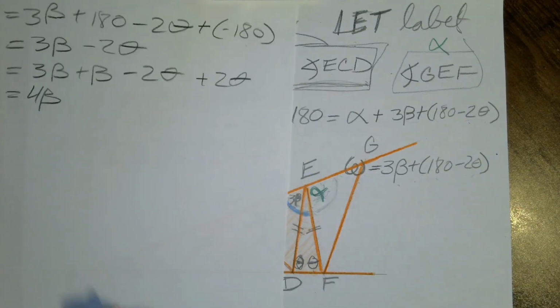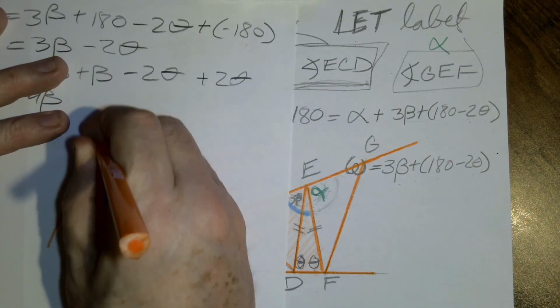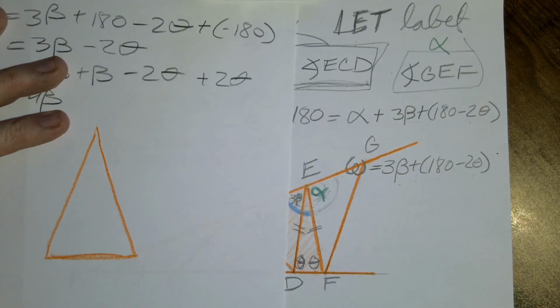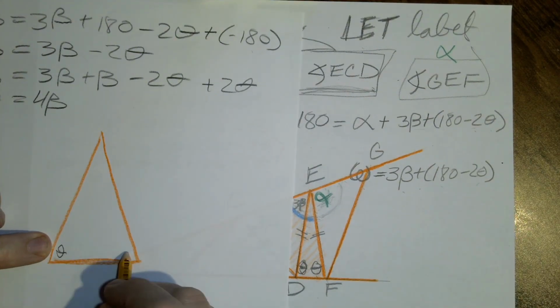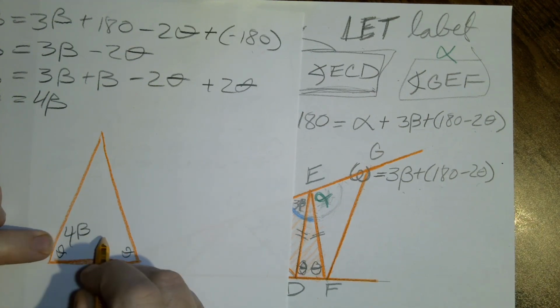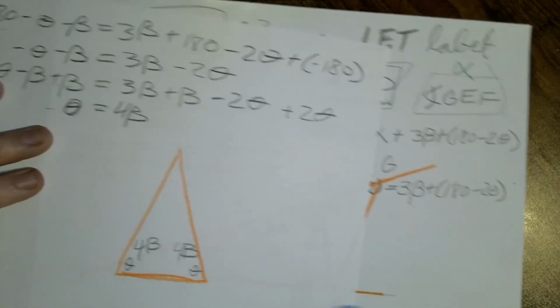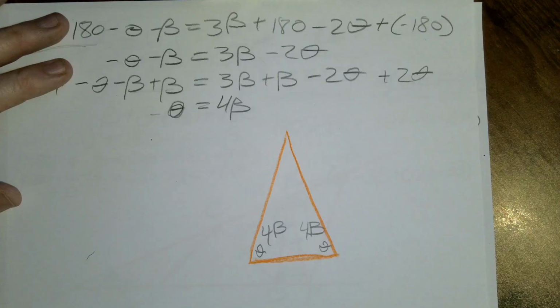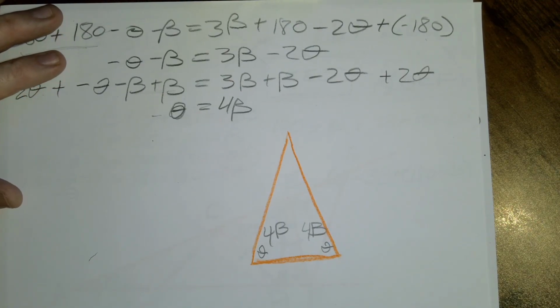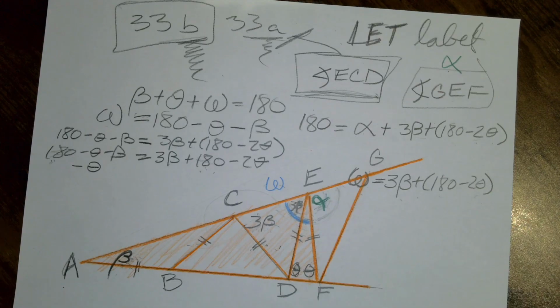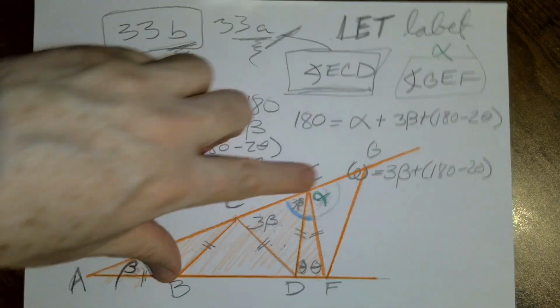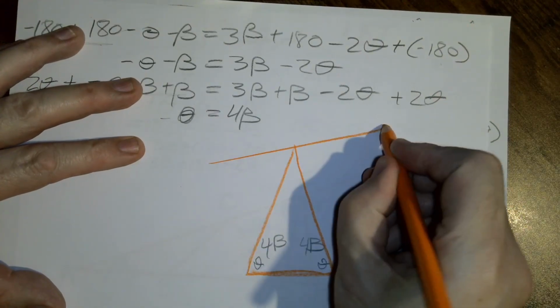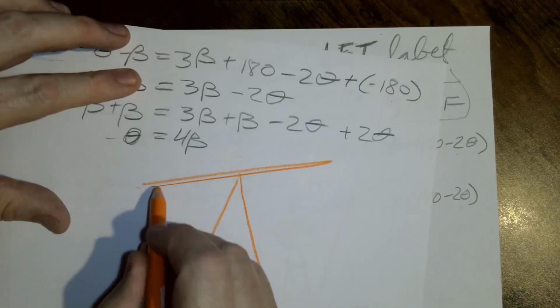So that means we're looking at this situation here. These thetas are actually 4 beta. Theta is 4 beta. Okay, so we're going back to this line, and this line looks like 2 lines.